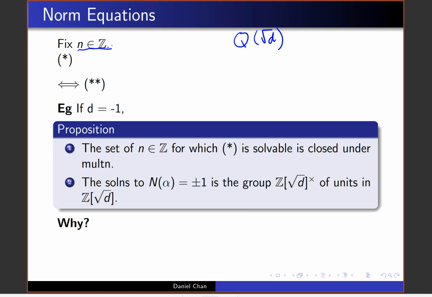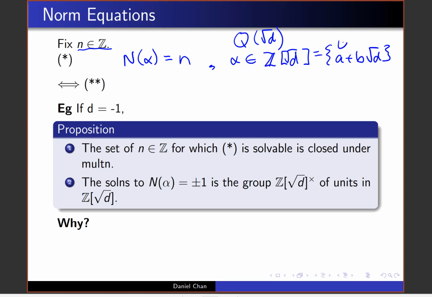A norm equation means that you're going to solve norm of alpha equals n, for alpha an element of, let's just look at the integer version, the ring where you adjoin root D to Z. This is the set of all a plus b root D, where a and b are just integers.